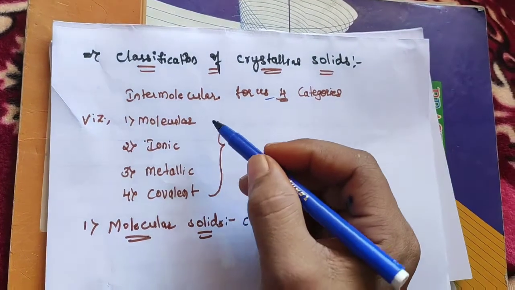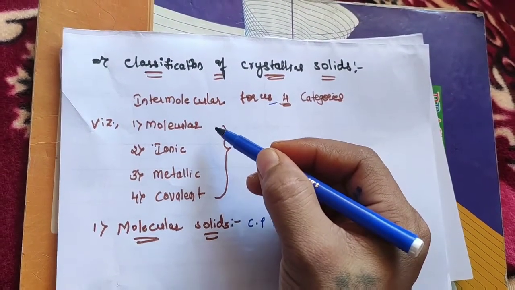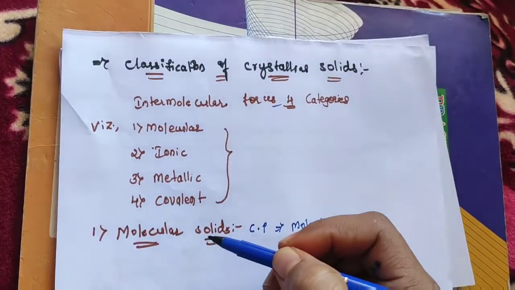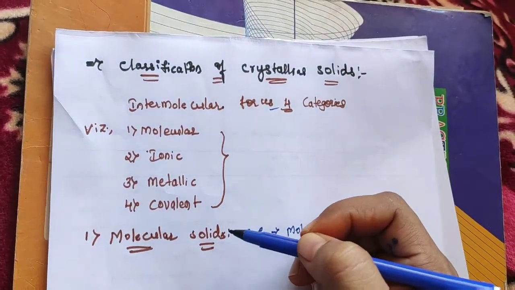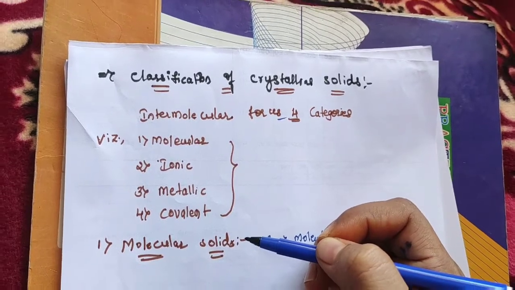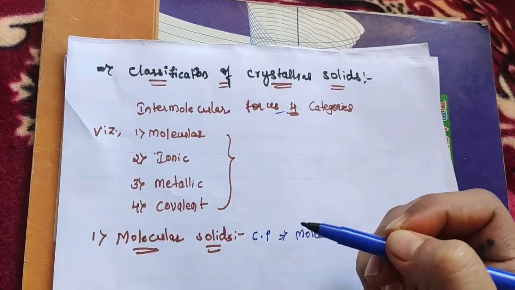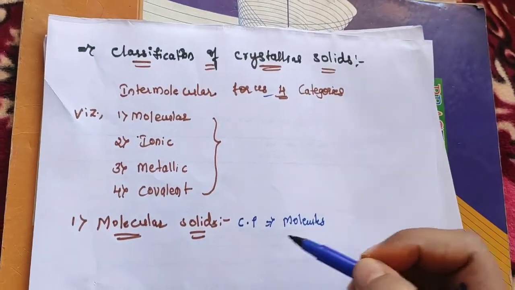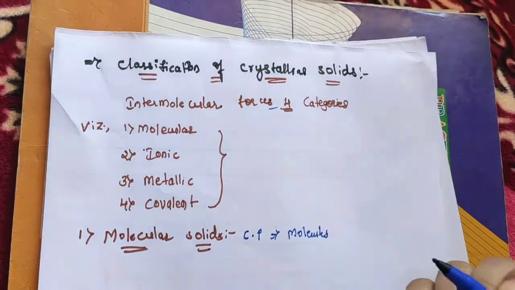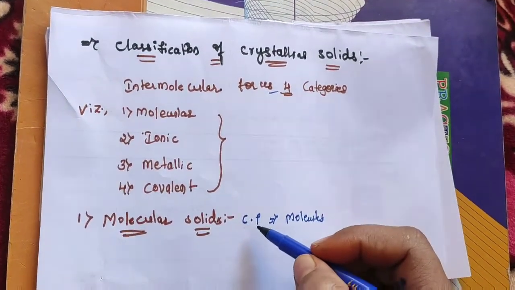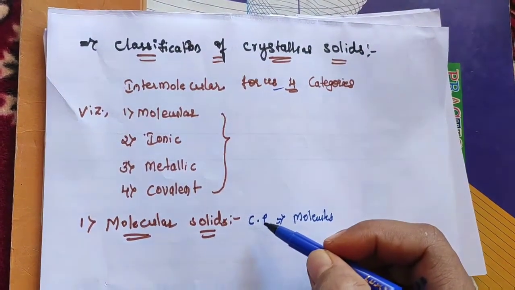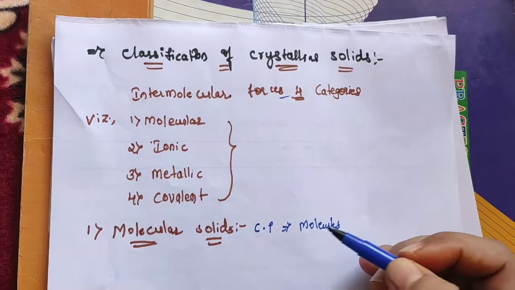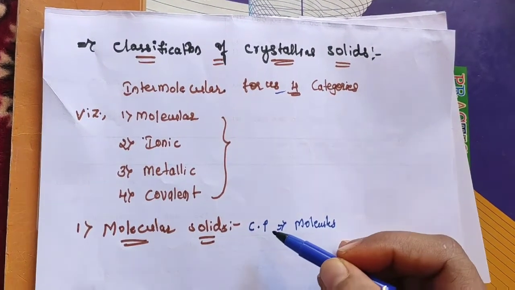First, molecular solids. Why are these called molecular solids? It indicates that the constituent particles, usually abbreviated CP, are molecules.